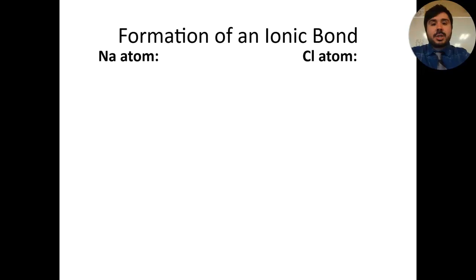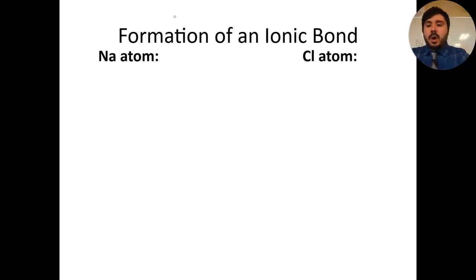Okay, so now the formation of an ionic bond. What does that mean, and how do they form? Well, it's pretty simple. Grab my little pen here. What I'm going to do here, guys, is draw the Bohr models for these two different atoms.